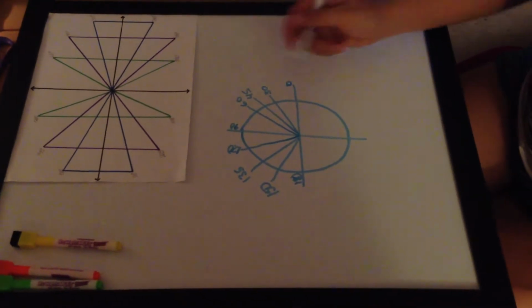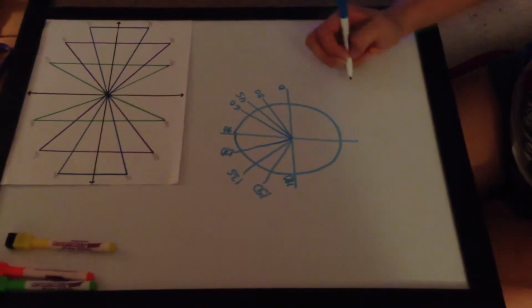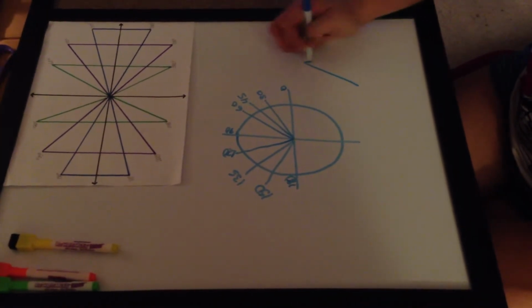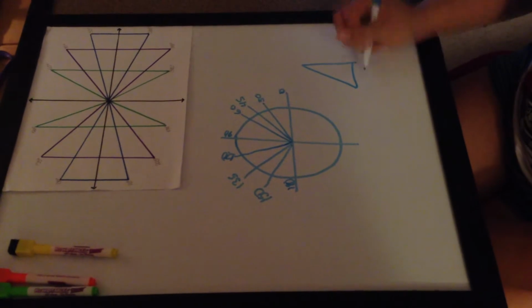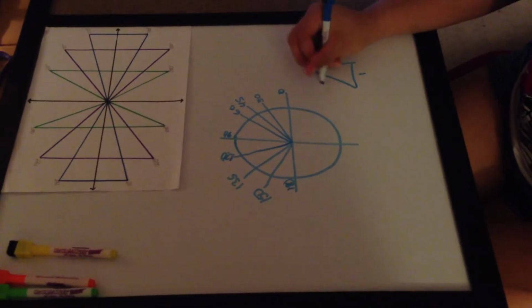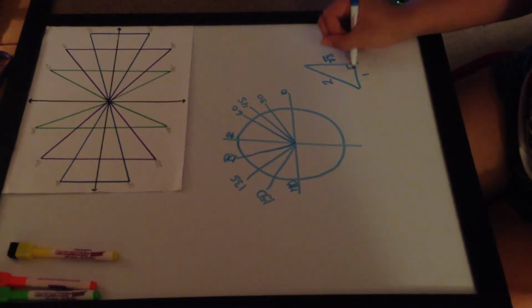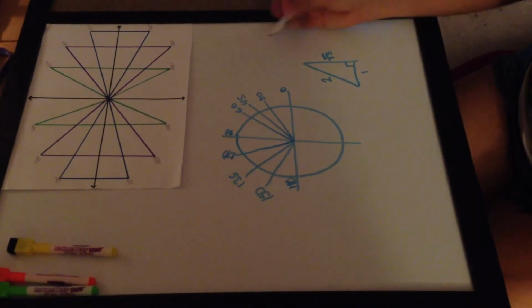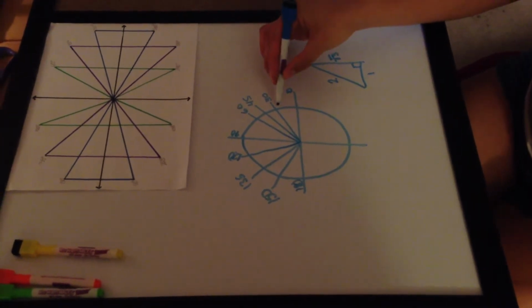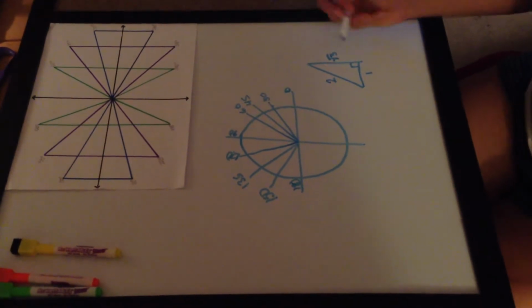So if you go back to our right triangle, our 30, 60, 90, so if we look here, this is a 30, 60, 90 triangle right here.